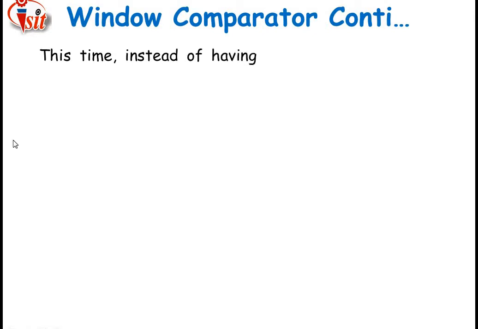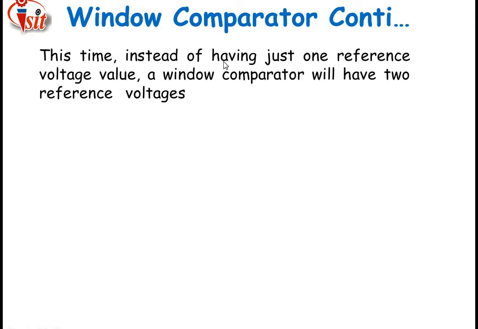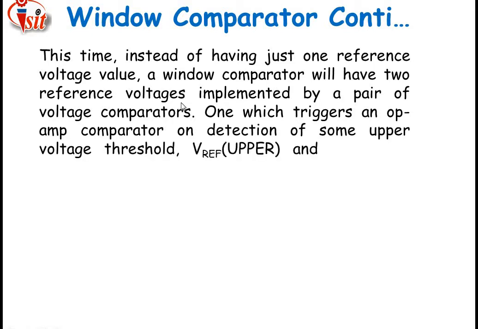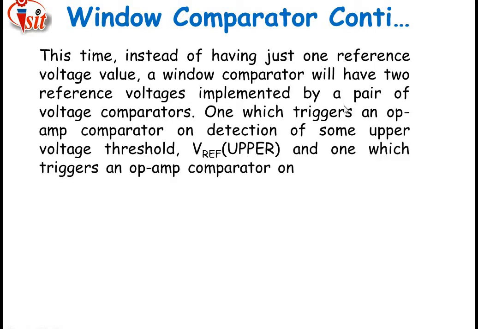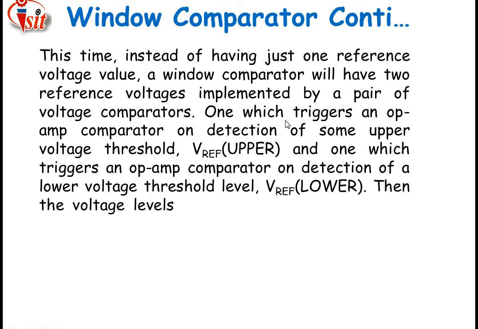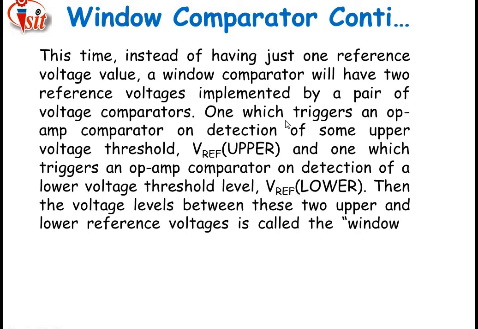Just see, this time instead of having just one reference voltage value, a window comparator will have two reference voltages implemented by a pair of voltage comparators, one which triggers an OP-AMP comparator on detection of the upper voltage threshold.